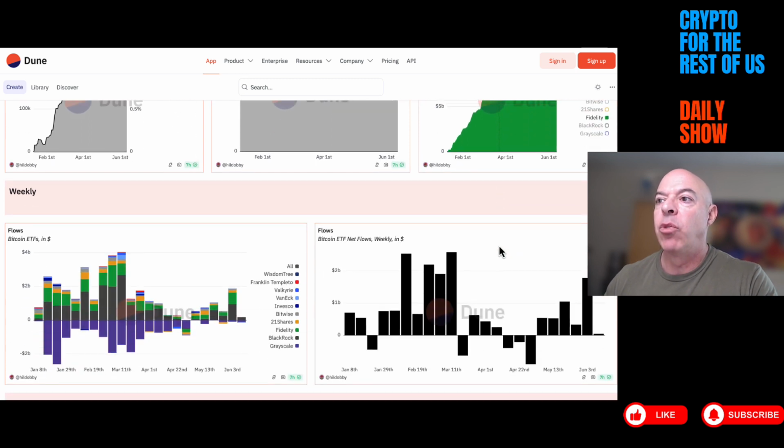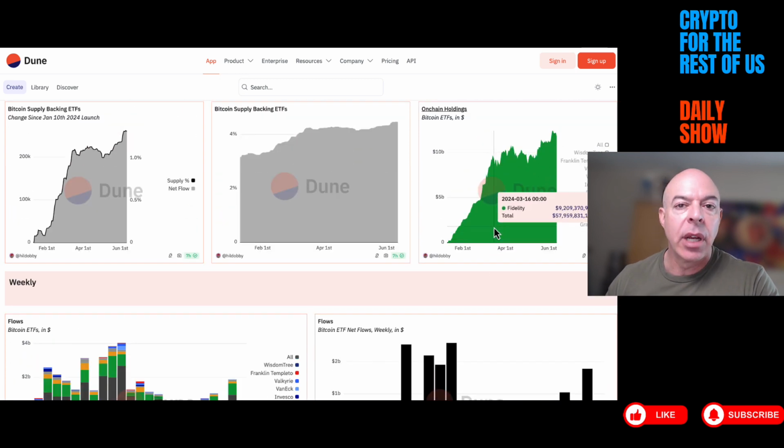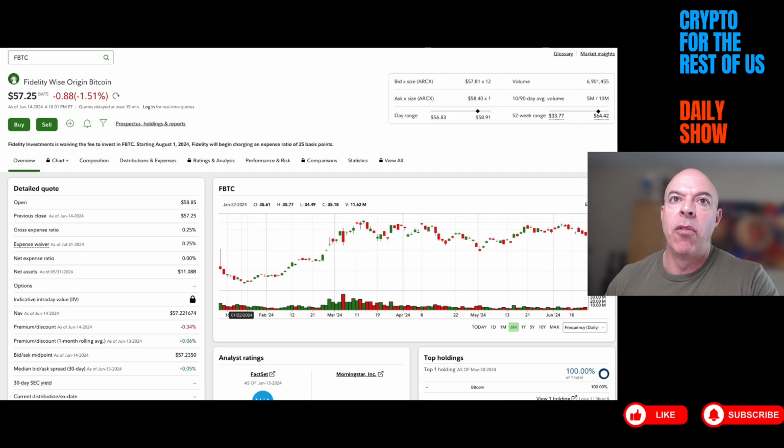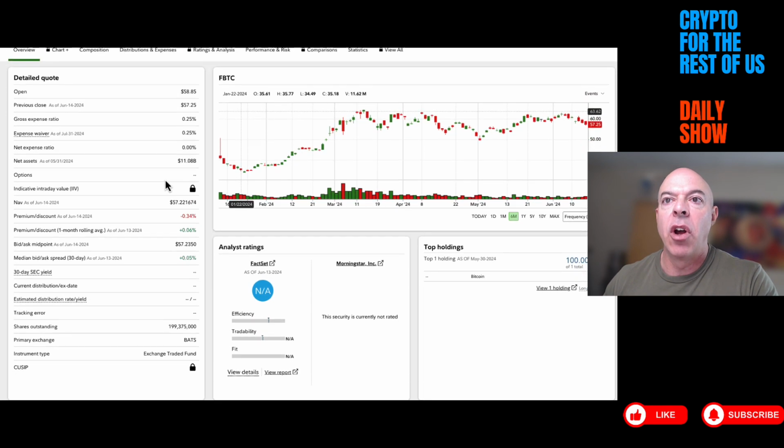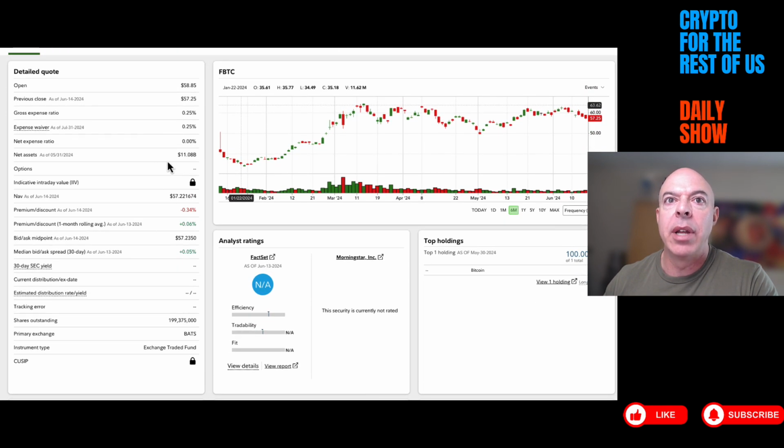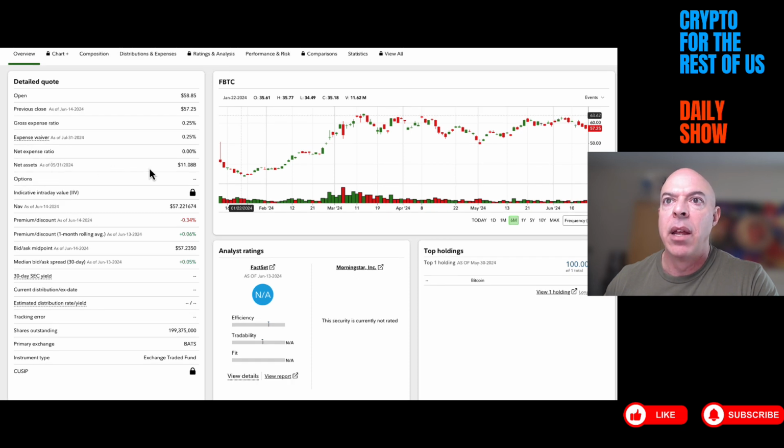As with any statistic, as with any one of these tools, I like to fact check. So I hopped over to Fidelity to take a look at their fund, which is the FBTC. You can see all of the stats. We go down here, net assets, just over 11 billion as of 5/31.